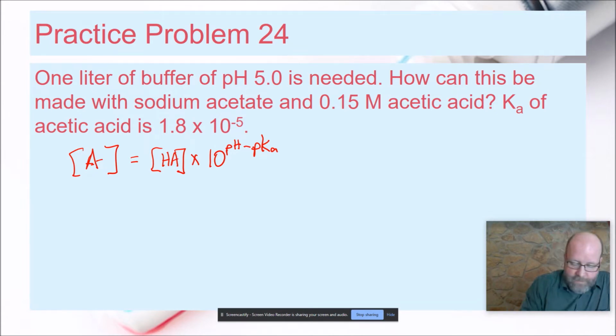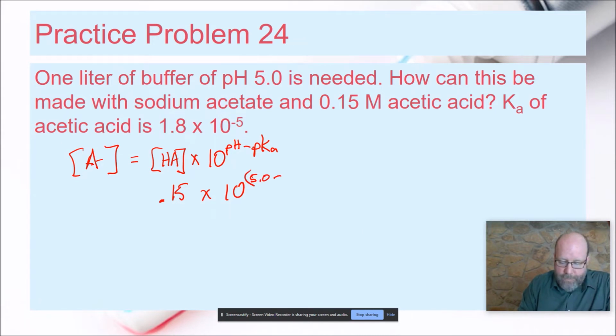The concentration of our acetic acid, I keep saying hydrochloric because I keep saying that H, is 0.15 molar times 10 raised to the pH, which is 5.0, minus our pKa, which we can find is going to be the negative log of 1.8 times 10 to the negative fifth.